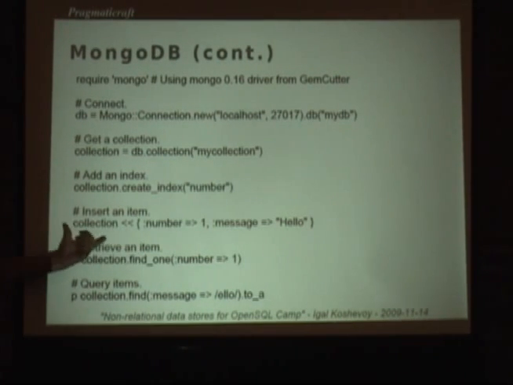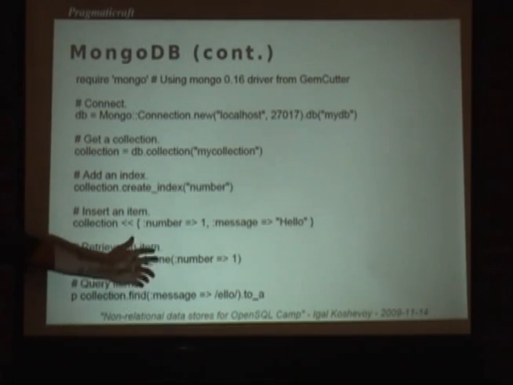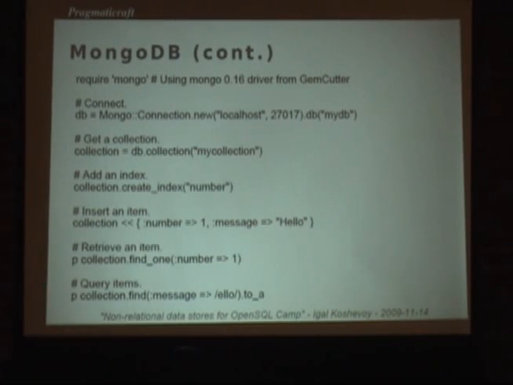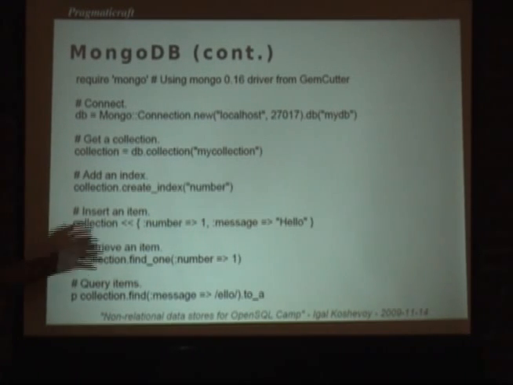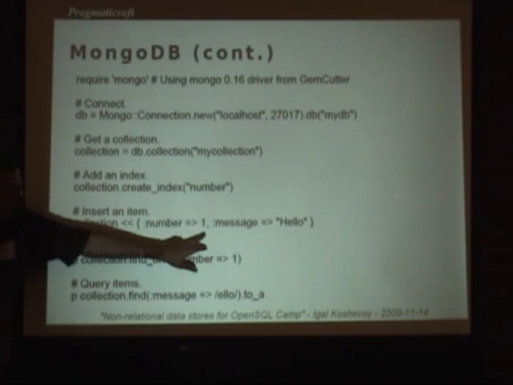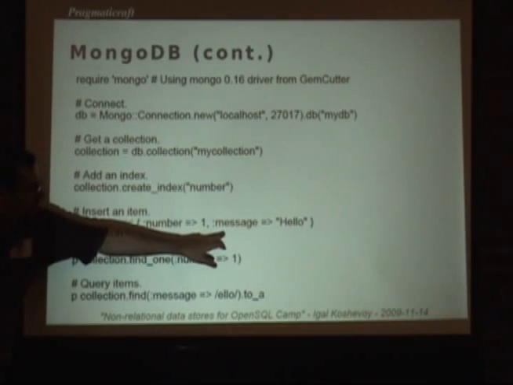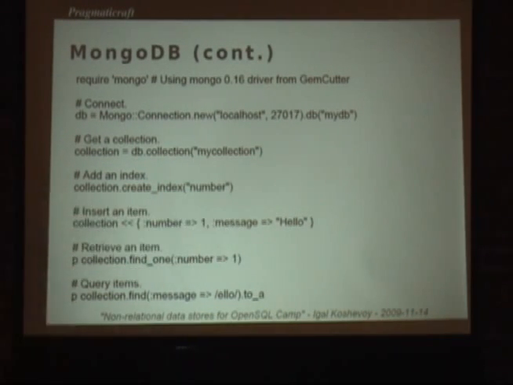By just saying, here's my collection object, push this value in. This is a Ruby hash. Everything inside these curly braces is just a normal Ruby hash. One is the number, one, and that's the message. And boom, it's in there.